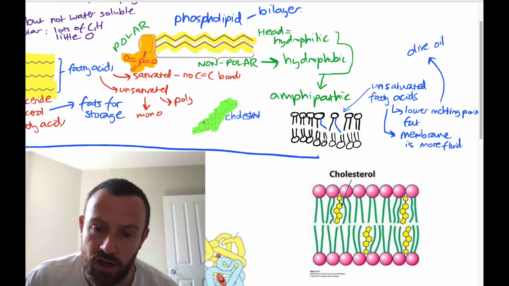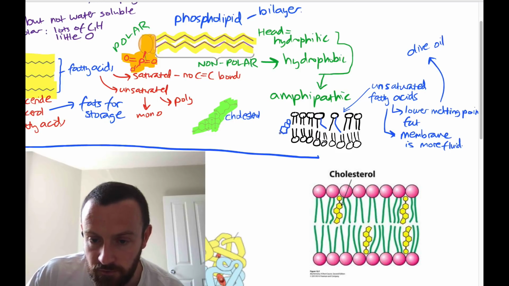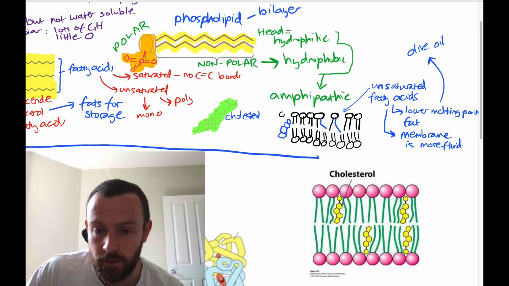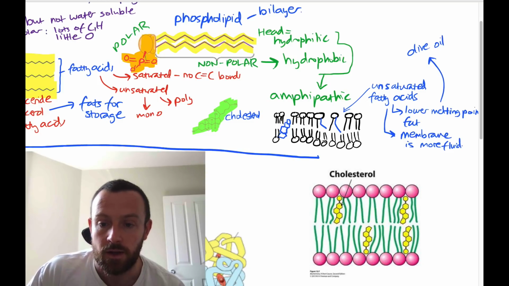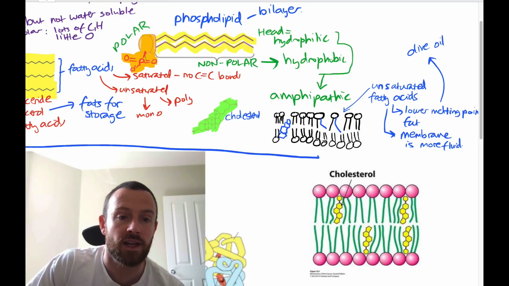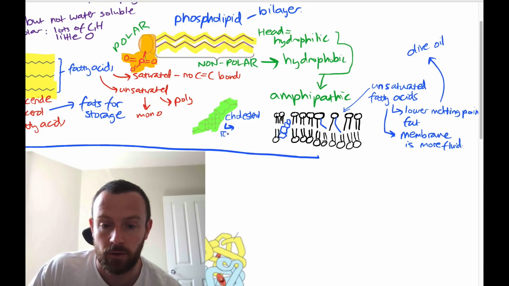Cholesterol is a planar molecule, and it kind of fits... this is a bad drawing of cholesterol here. It fits in the membrane like this, and what it actually does is regulate the fluidity. It's a hydrophobic molecule, which means it fits in amongst the tails of the phospholipids, and it regulates membrane fluidity. That's the key phrase. Regulates membrane fluidity.